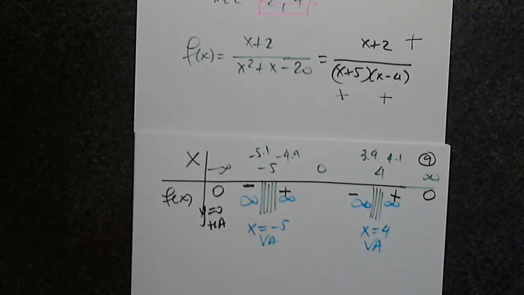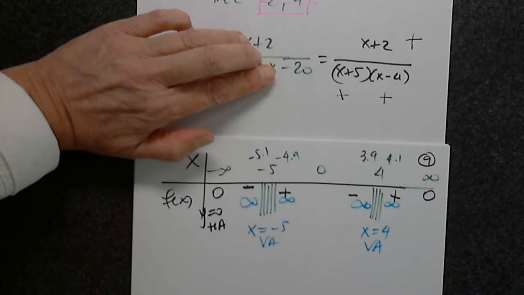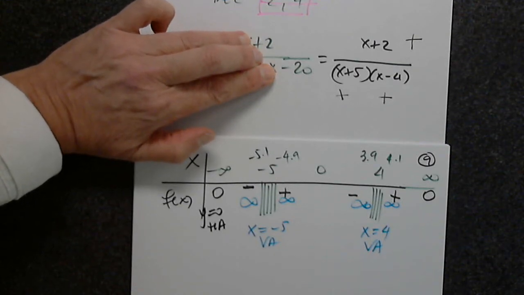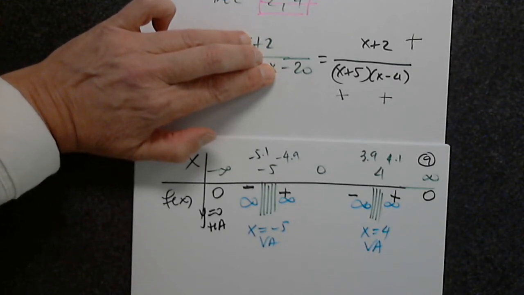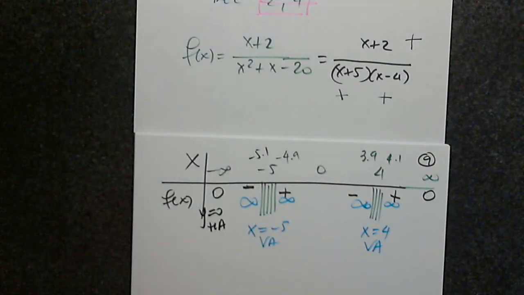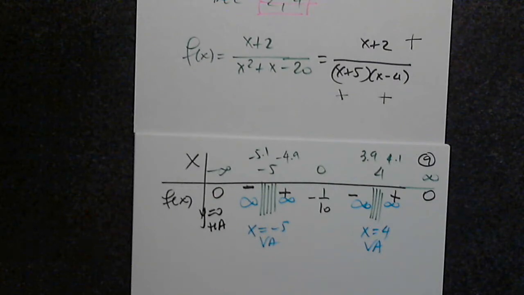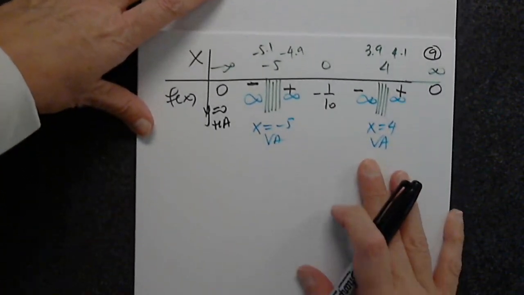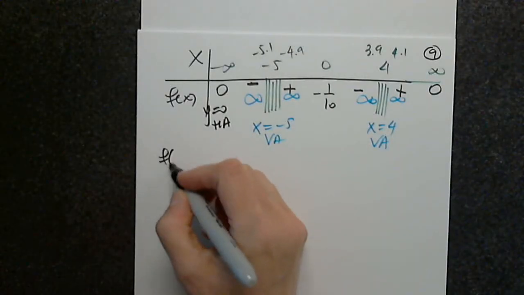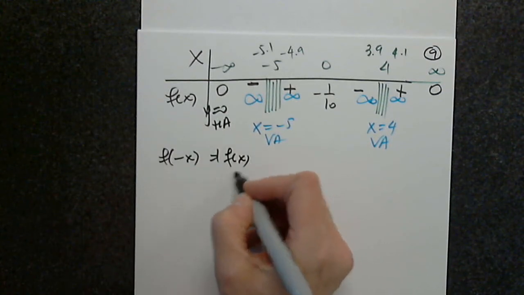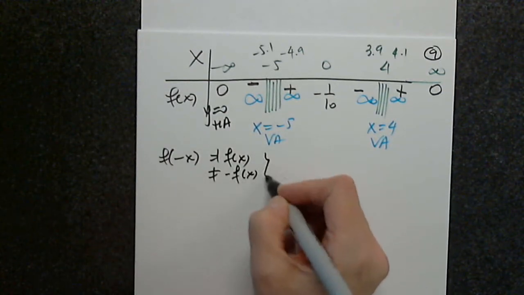Let's plug in 0 in the function. Here's what I do when I plug in 0: 2 over negative 20. We're done. Is this function symmetric, with a vertical asymptote at 4 and one at negative 5? No. But you have to write something, so I know that you didn't forget. So f of negative x does not equal f of x, and it does not equal negative f of x.